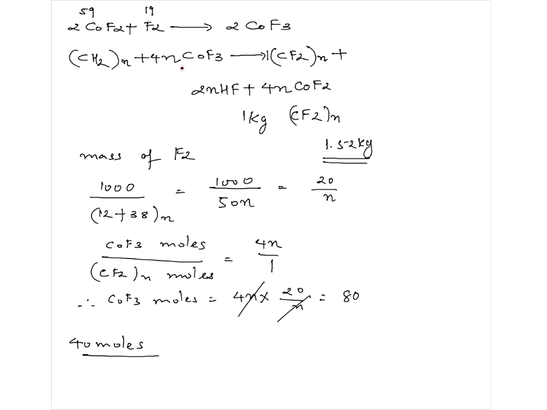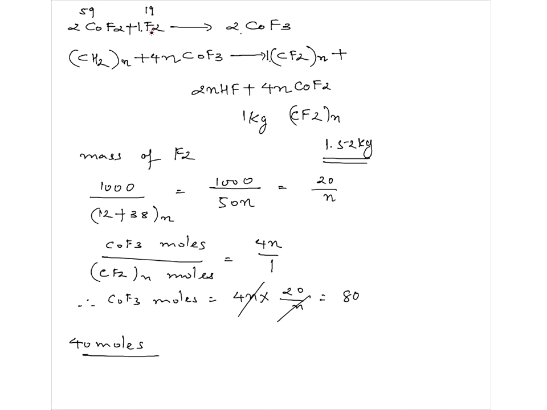Then whatever moles of COF3 you get, fluorine and that fellow have a 1:2 relationship. So whatever moles you get for COF3, half will be the moles of fluorine. And once you know the moles of fluorine, you can calculate the mass of fluorine also.